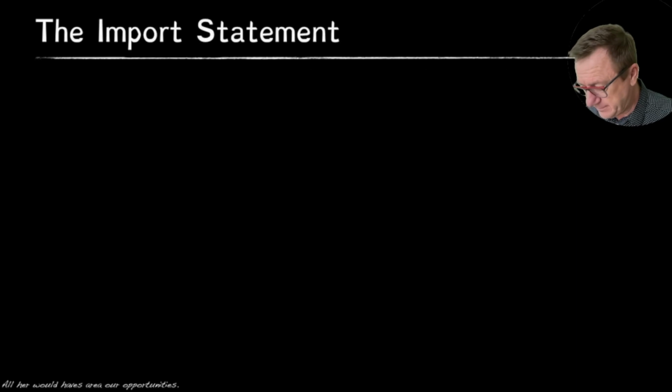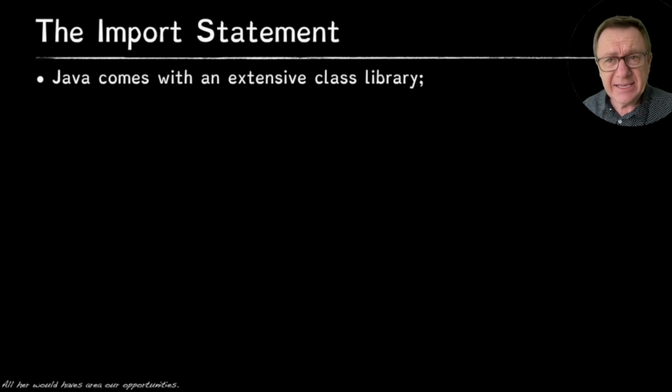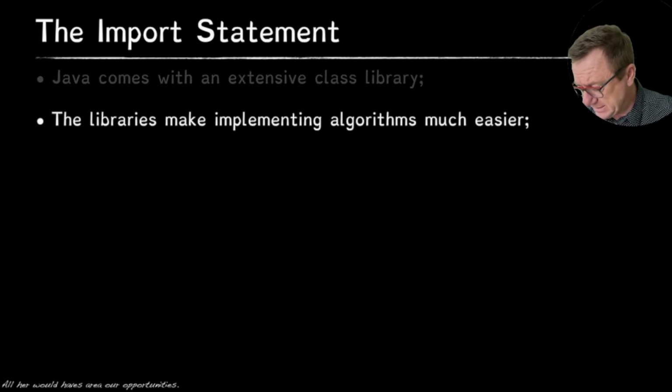Fantastic. Now we have the import statement. Okay, I said already Java comes with a huge, huge library of things, okay? And we've already seen them with that thing called System.out.println. That's part of one of the libraries. And these libraries make it easy to implement algorithms because we don't necessarily have to write all of the code to do all of the stuff.